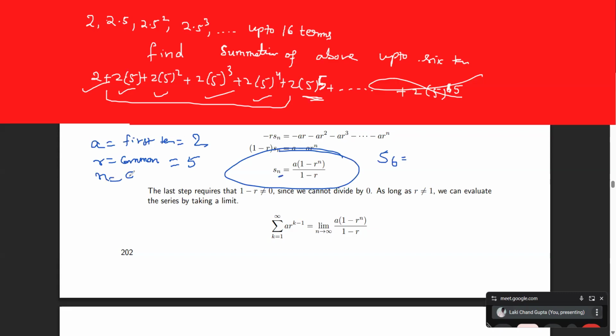And n is 6. So you will get 2, 1 minus R is 5. You can also write 5 to the 6 minus 1 over 5 minus 1.